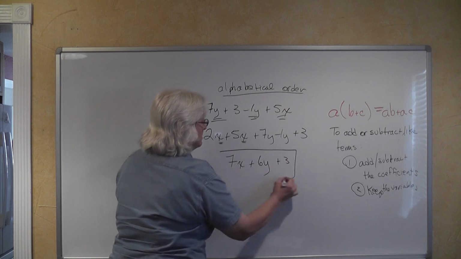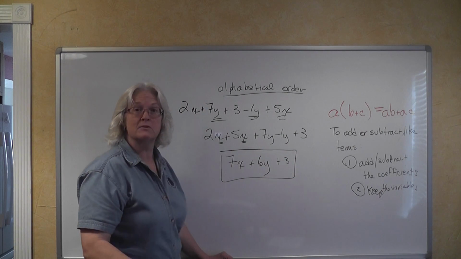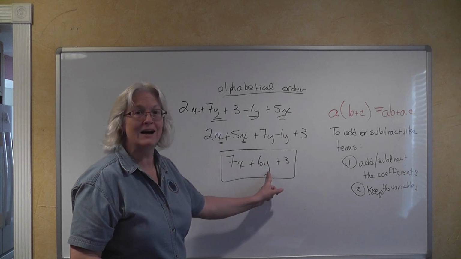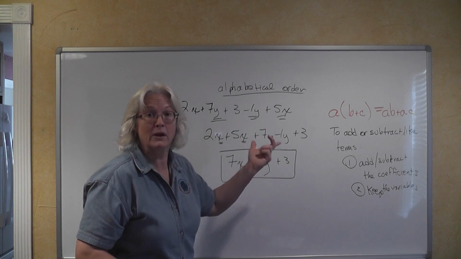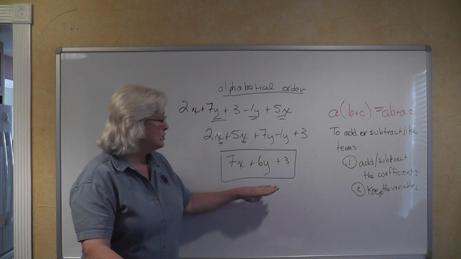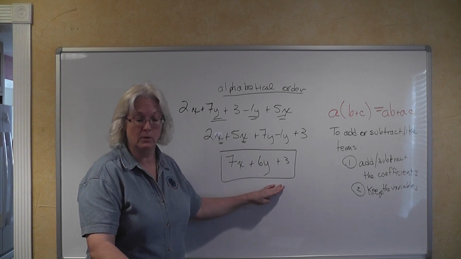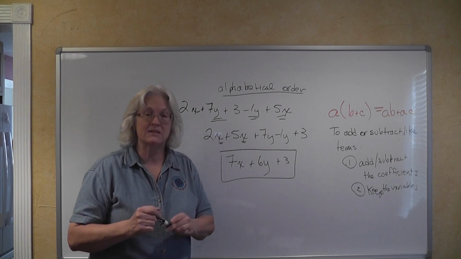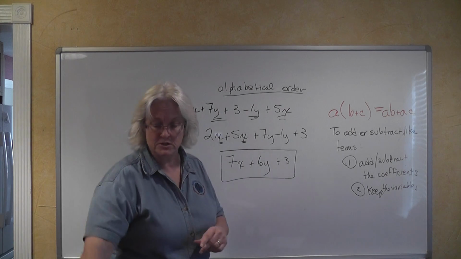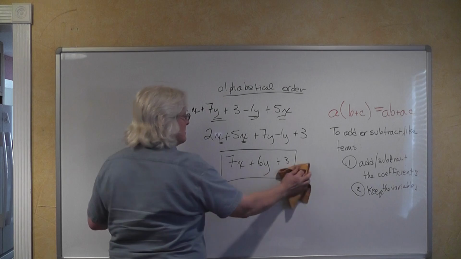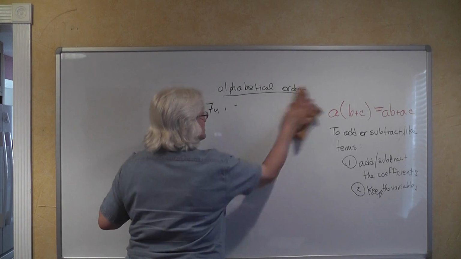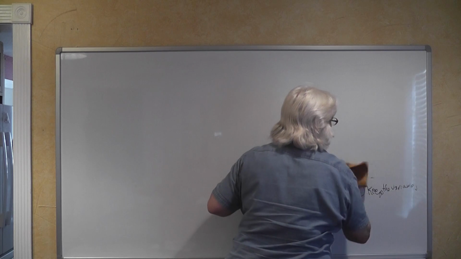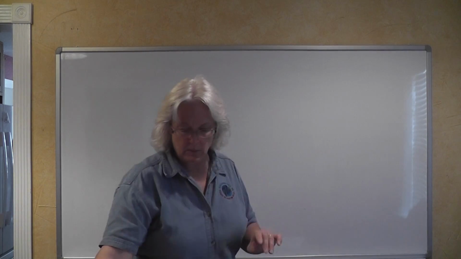This is now in its simplest form. 7 cookies plus 6 ice cream bars plus 3, plus the number 3. You cannot combine this anymore. This is all that's involved in simplifying algebraic expressions. So let's go ahead and go through some more examples in your skill check, and see what we can do with that.